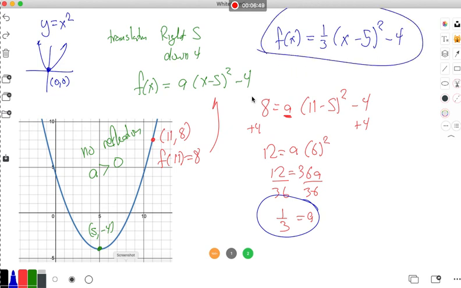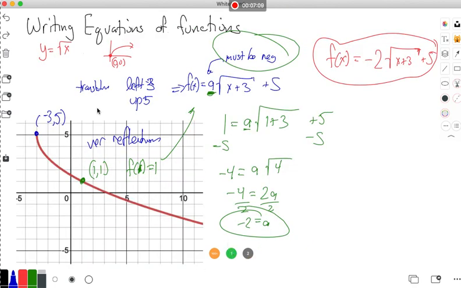The main thing when we are doing these is if we can find the translation first, we're generally down to just solving for that one value, that dilation. The reflection is in with the dilation, because as you see here, this one had no reflection. I got a positive A. On the other one, I did have a vertical reflection. I have a negative A. Most of the time when we're dealing with these common functions we're working with, I don't have to worry about horizontal reflection.